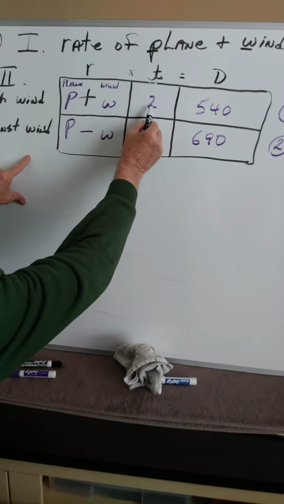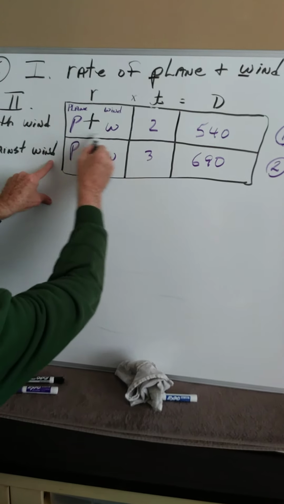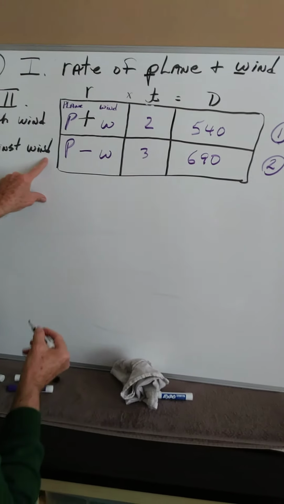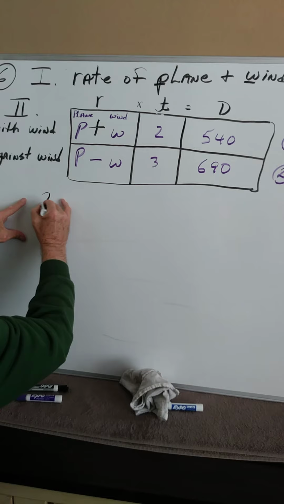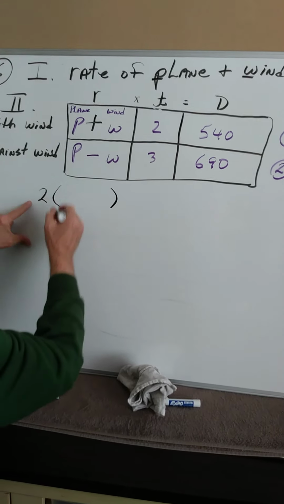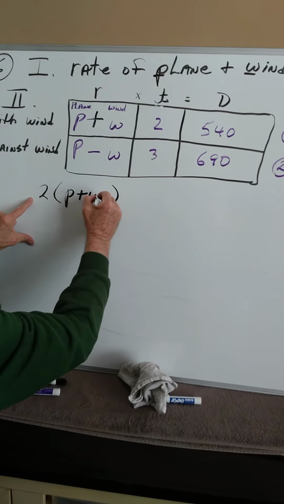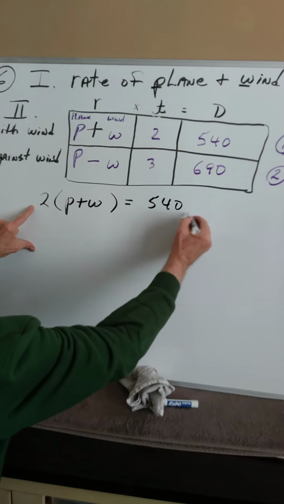And we're going to write time first. Time multiplied by rate is equal to distance. So we're going to begin with the time element. Equation number 1. 2 times the quantity of the overall rate, P plus W, is equal to its distance, 540.